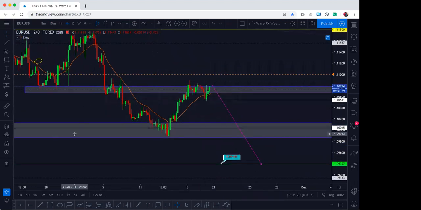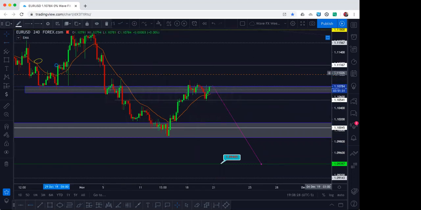The most we may find is that if the market still wants to push a bit higher, then the area that you want to be looking at is 1.1116 or 1.1115, in and around that area. You want to be assessing the market as it approaches that level, but overall Euro USD is bearish.